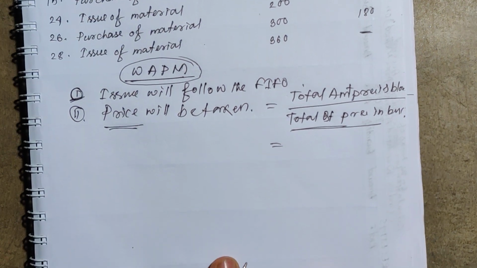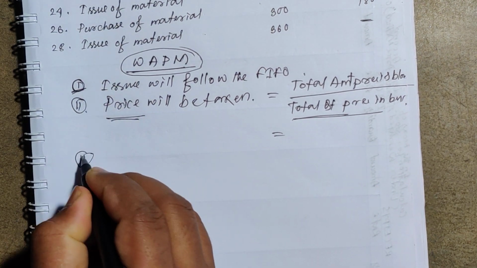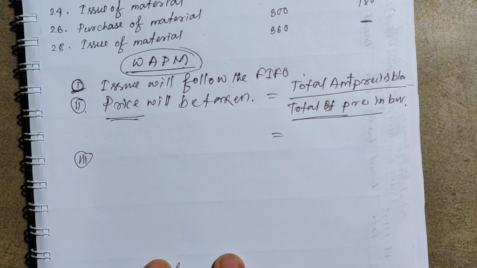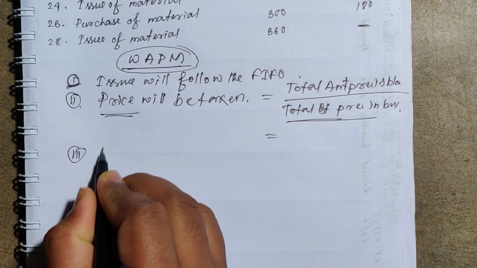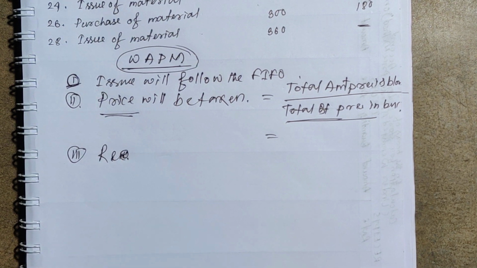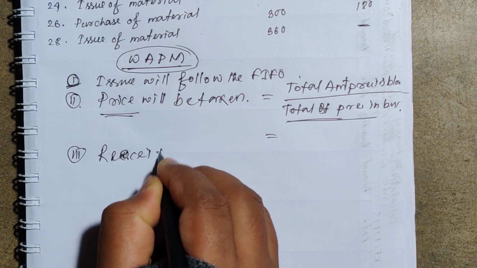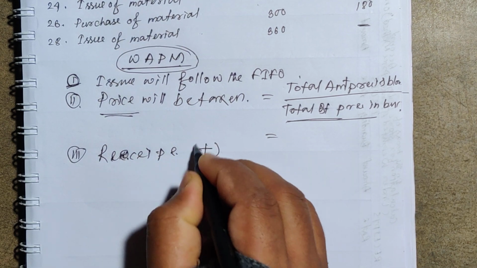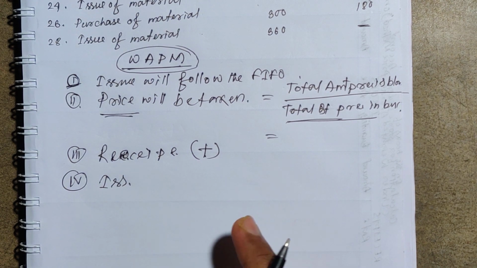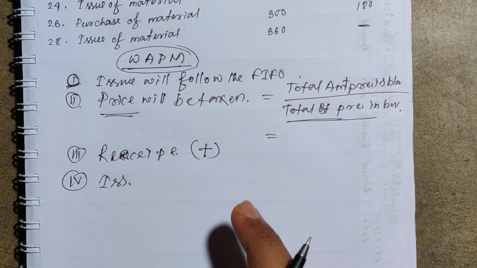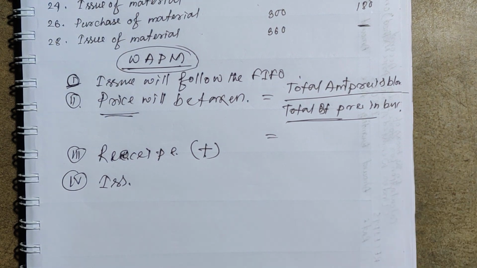And friends, the next trick is, as in the simple average method, during receipt, we have to add the receipt balance to the previous stock balance, and as usual for quantity also. During issue, we have to deduct the issuing balance from the present stock balance.